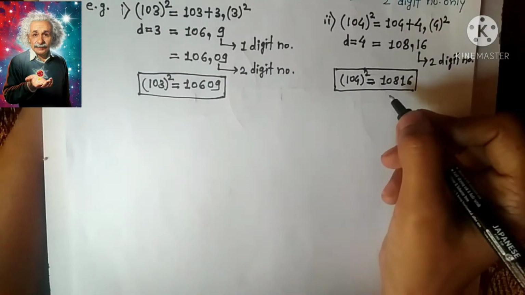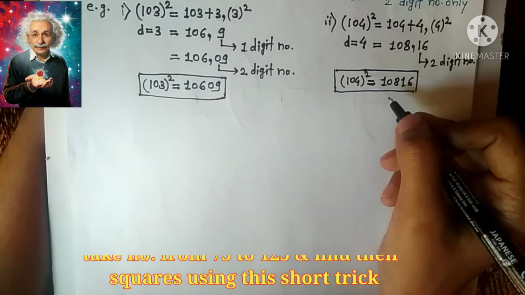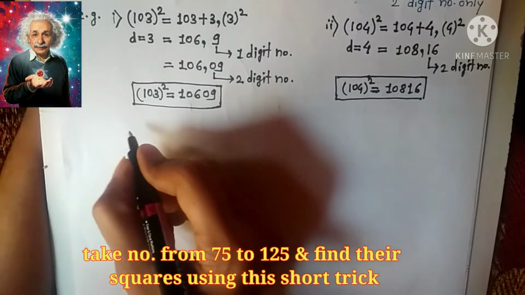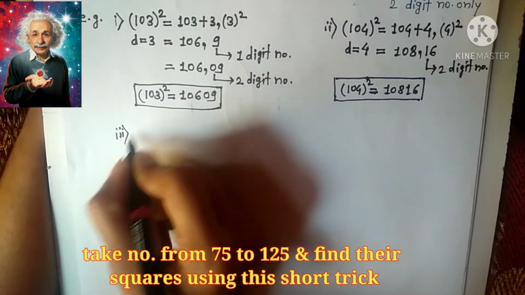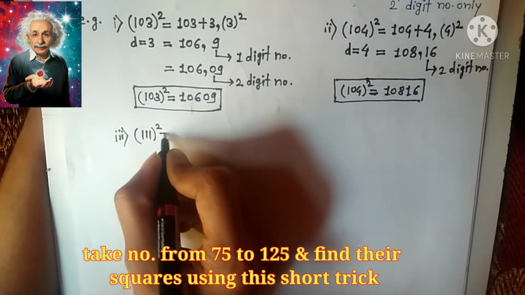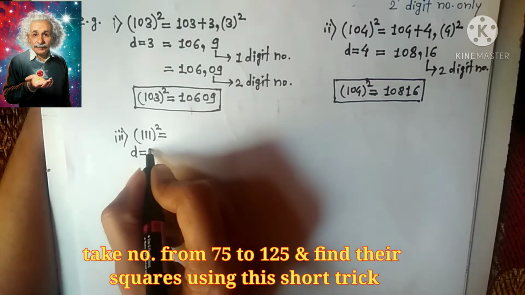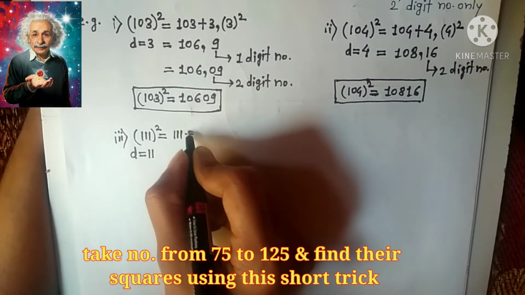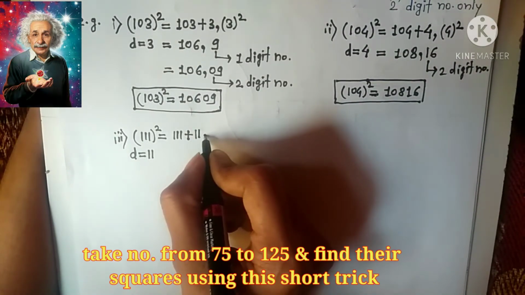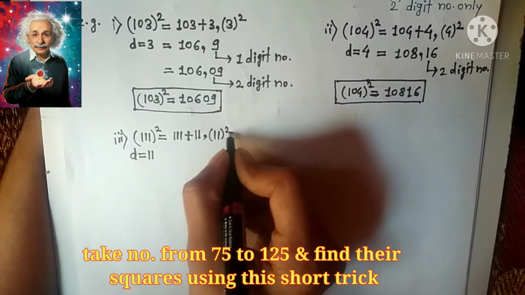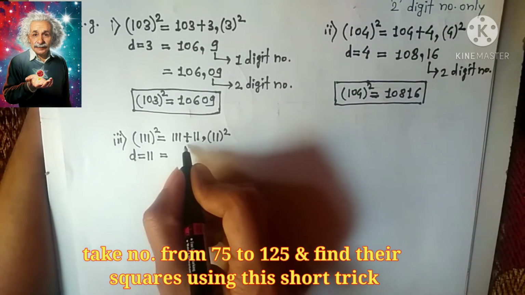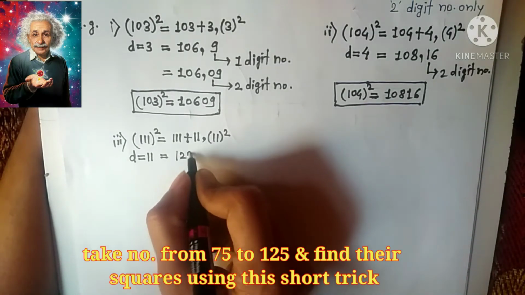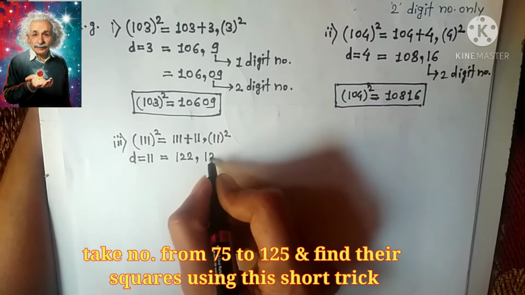So we take the next example as 111. 111 square is equal to, here the value of d is 11 and the value of n is 111 plus 11 comma 11 square. 111 plus 11 is equal to 122 comma 11 square is 121.